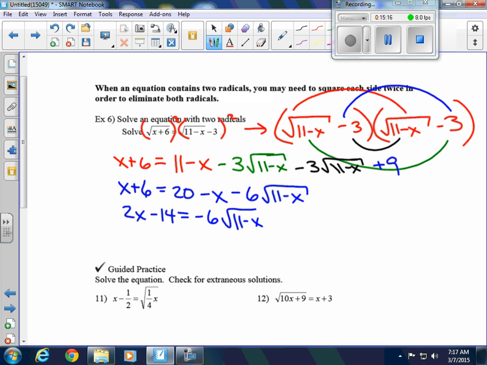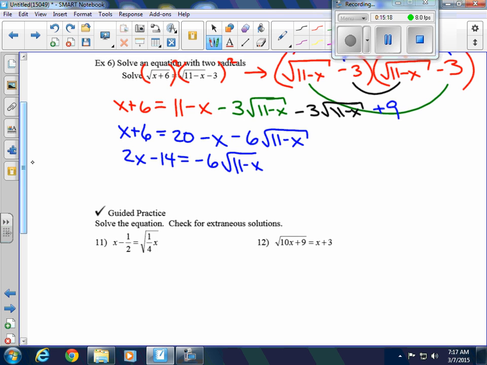So now we're going to have to divide both sides by negative 6 because now our goal is to isolate this radical over on the right side. Again, that's the radical we have. That's what we want to isolate. So we're going to divide both sides by negative 6.